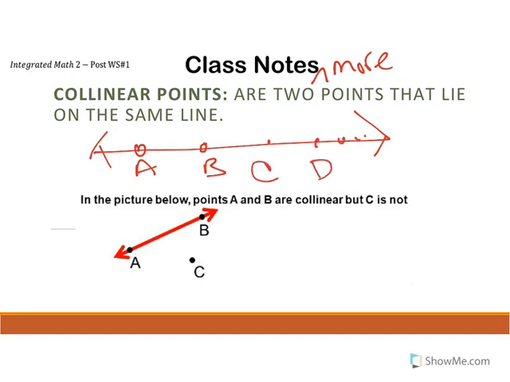Right? So two or more points that lie on the same line are called collinear points. So in the diagram below, point A and point B are collinear because they are on the same line, and C is not because C is not on line AB.